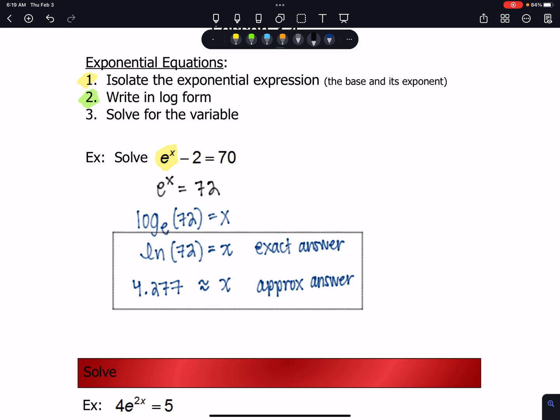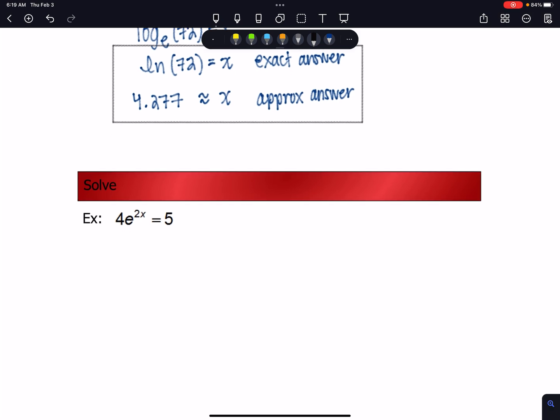Okay, let's try another. We've got 4 times e to the 2x equals 5. We are going to isolate the exponential expression, the base raised to its exponent. So right now the base raised to its exponent is being multiplied by 4. So I'm going to undo that multiply by 4.